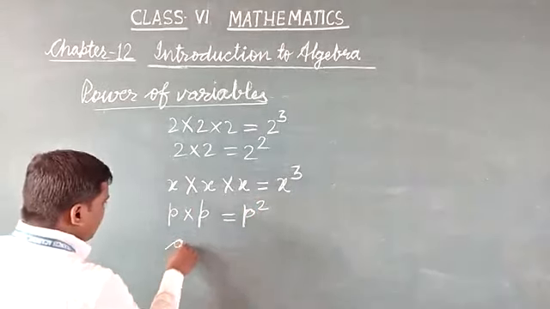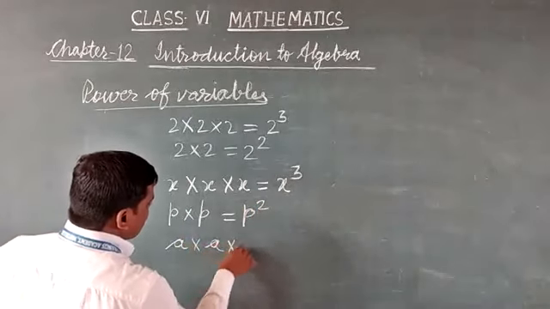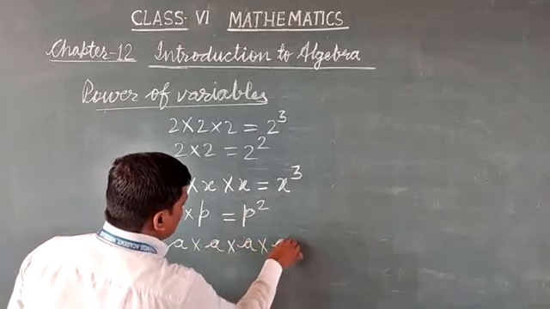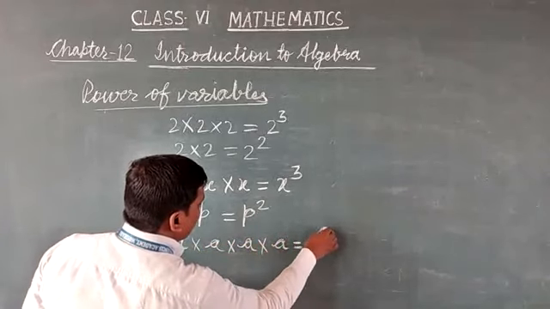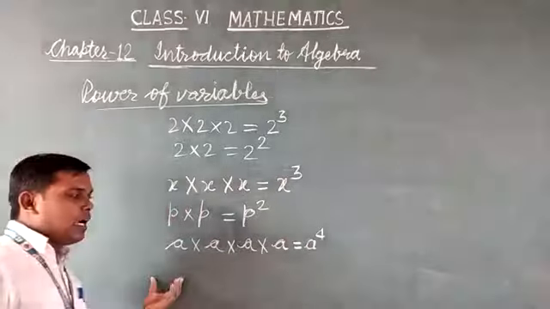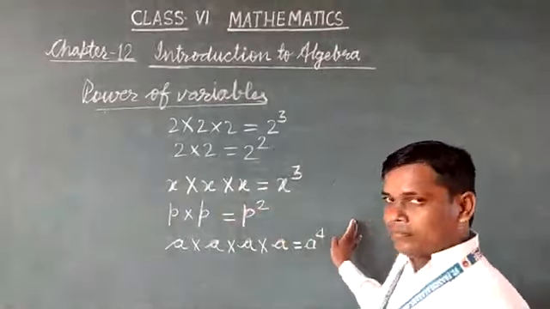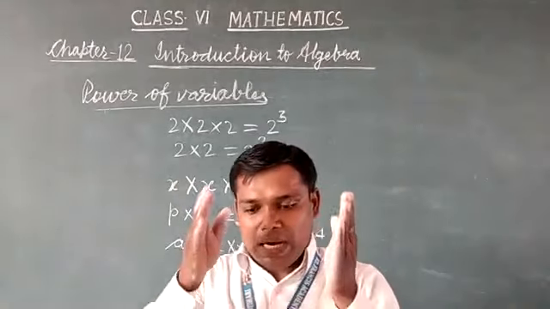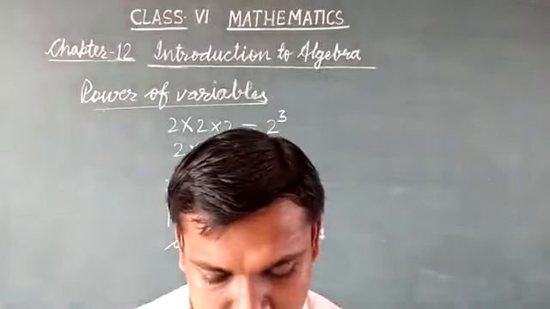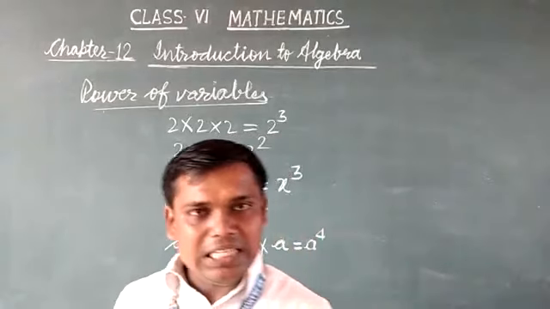If a is a variable, multiplied 4 times, we can write a to the power 4. So any variable multiplied by itself a number of times, we can write the power, the number of times it is multiplied by itself. I hope it is clear.